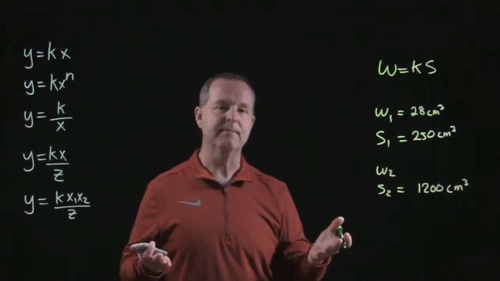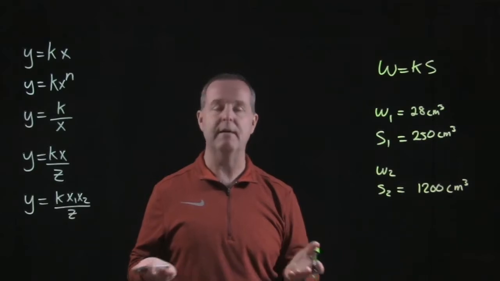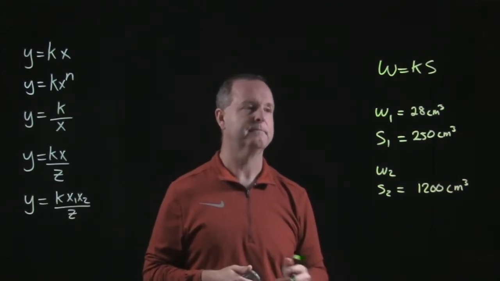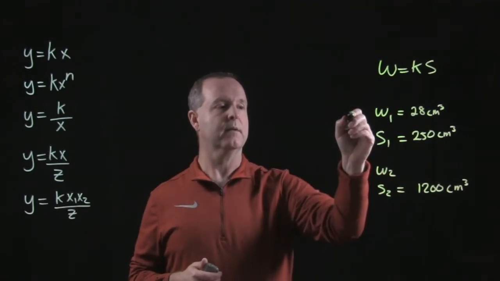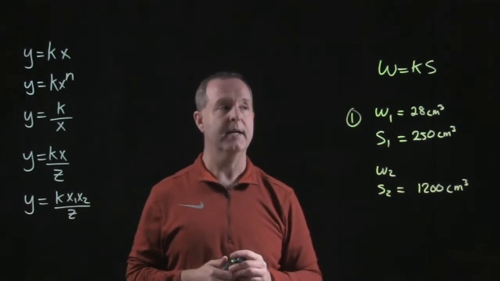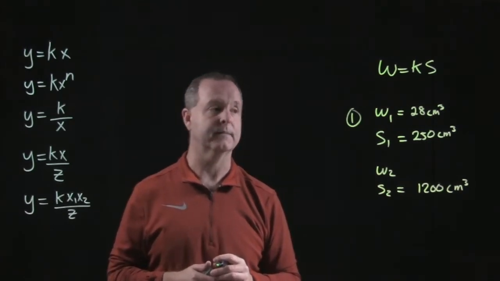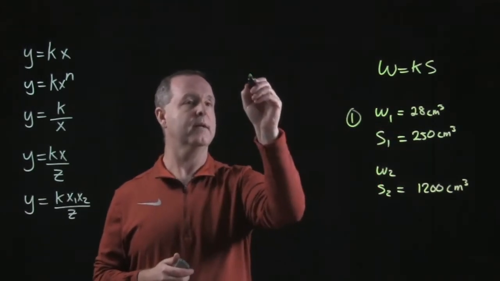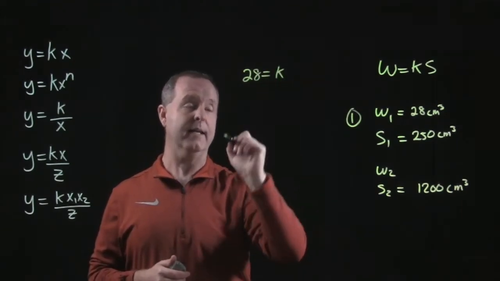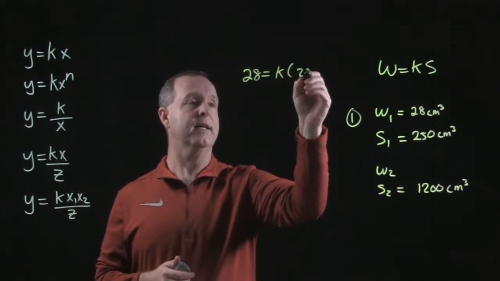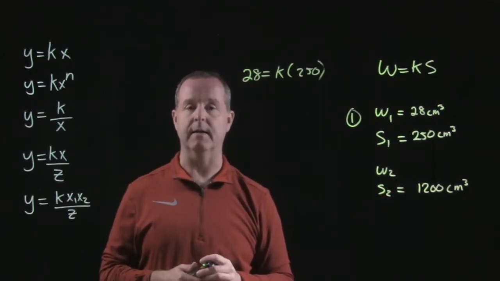So what we have is a basic direct relationship problem, a problem where the quantities vary directly with each other. How we will solve that is, step one, we're going to use our initial set of criteria to determine what my constant of proportionality is. So I know that water, 28, varies directly with 250 cubic centimeters of snow melt on that particular year.